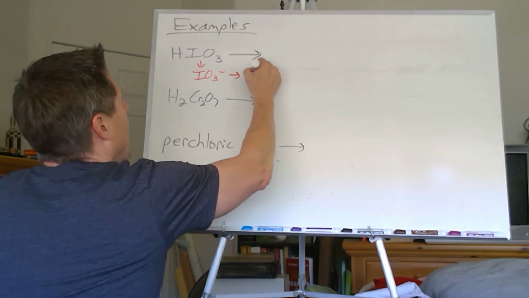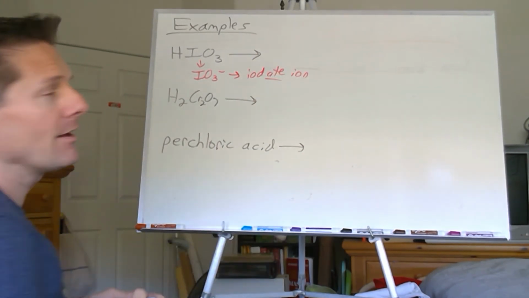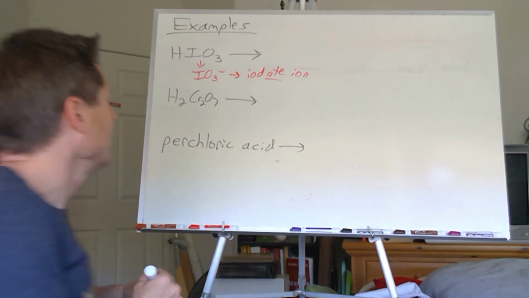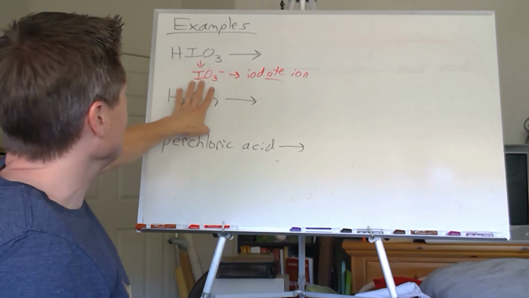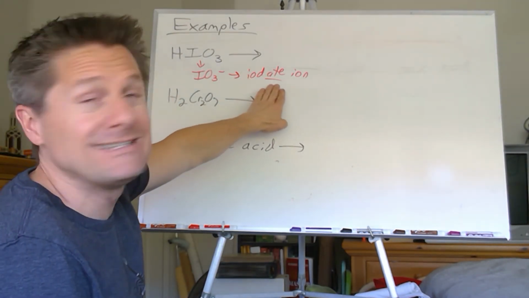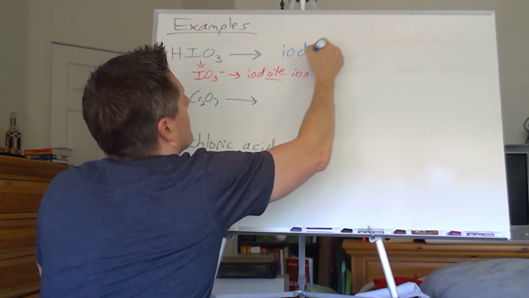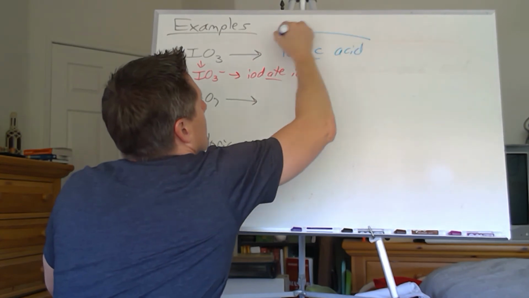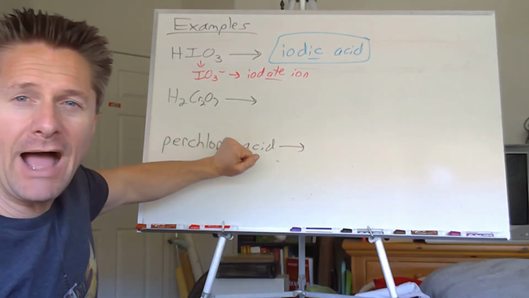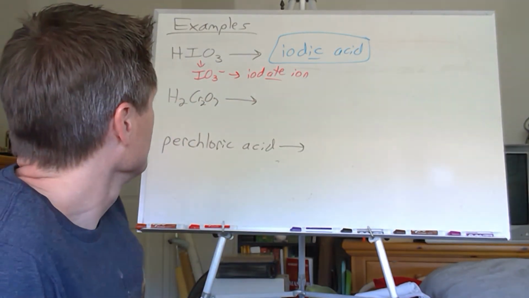So this is the iodate ion. Note the ate, that's going to become ic. There's no prefix, we don't have to worry about it. So this becomes iodic acid. If you make an acid out of the iodate ion, it becomes iodic, ate to ic, iodic acid.